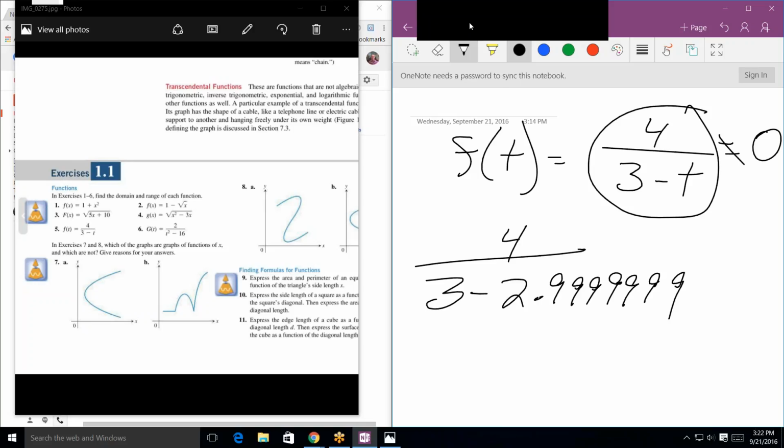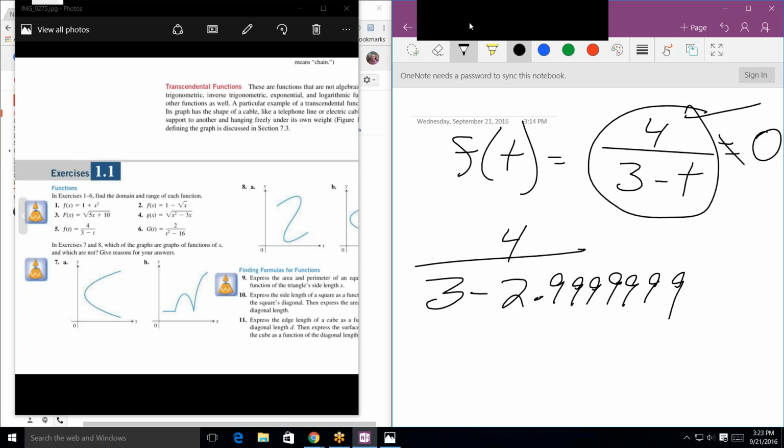Well, now the bottom becomes 0.00000001. And when you divide 4 by a really tiny number like that, you get huge numbers. So there's no problem making that big.